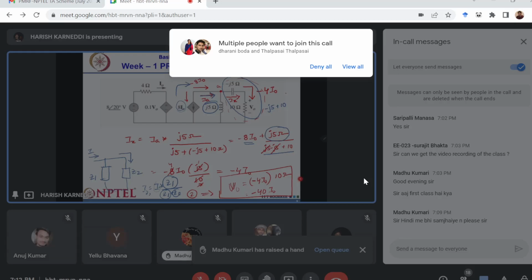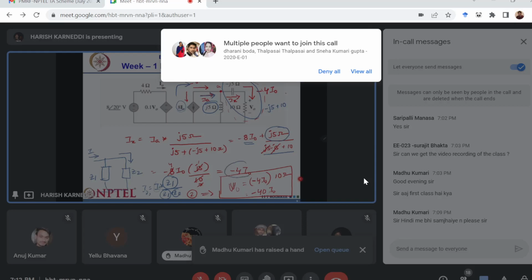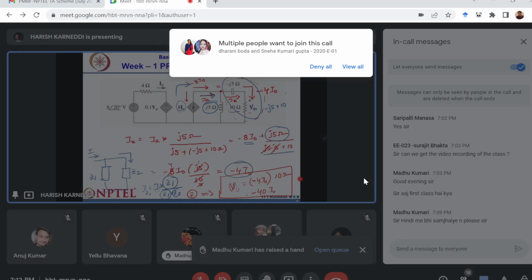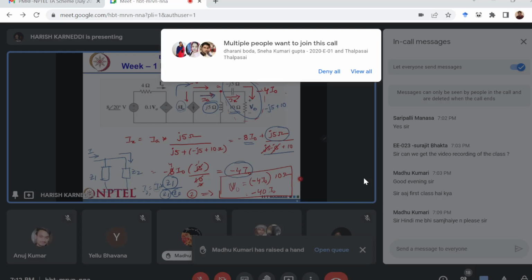By simplifying this, I got Ix equal to minus 4 I naught. From Ohm's law, V naught equals the 10 ohm into the current flowing through this 10 ohm, that is minus 4 I naught.